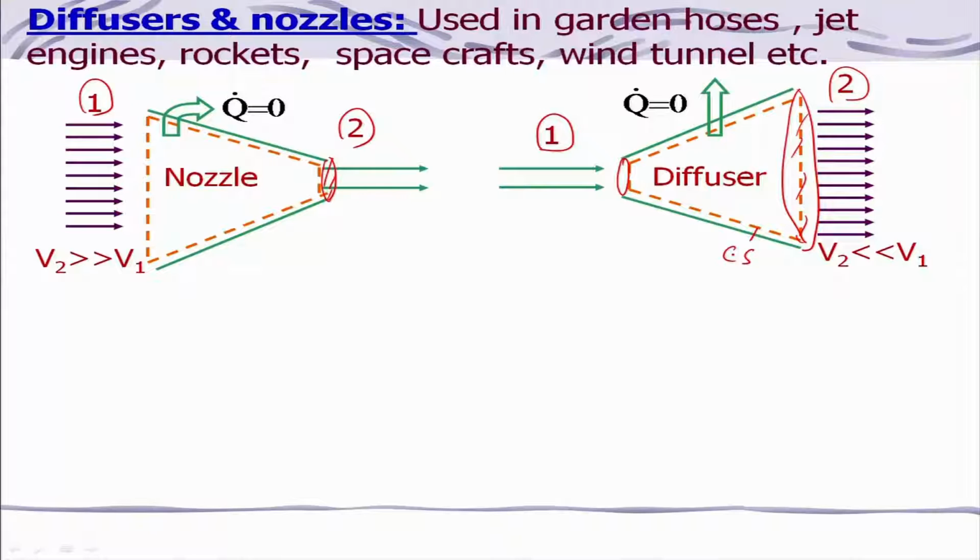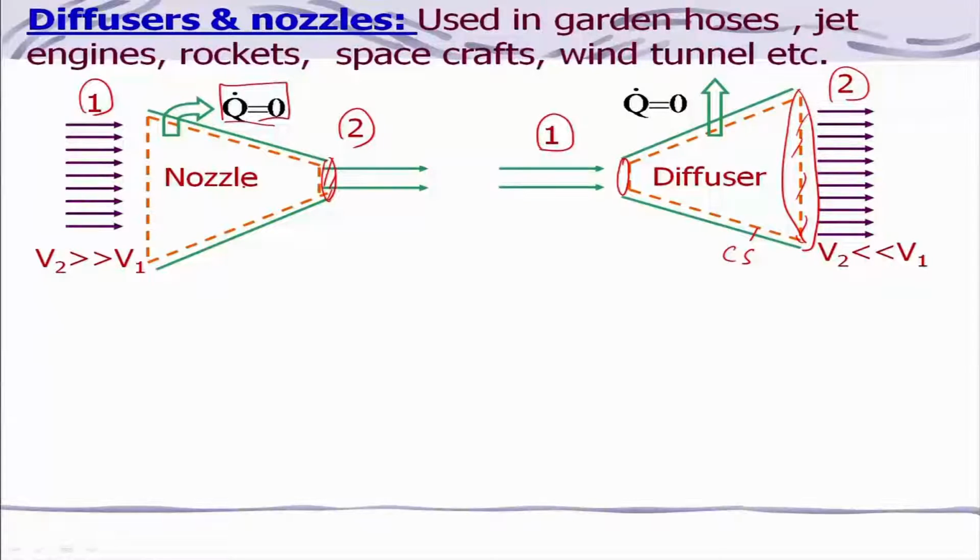Already we have made one assumption, that the heat transfer while the fluid is moving through the nozzle is 0. Why? Because the velocity will be very high, so the residence time will be very low for heat transfer to take place.